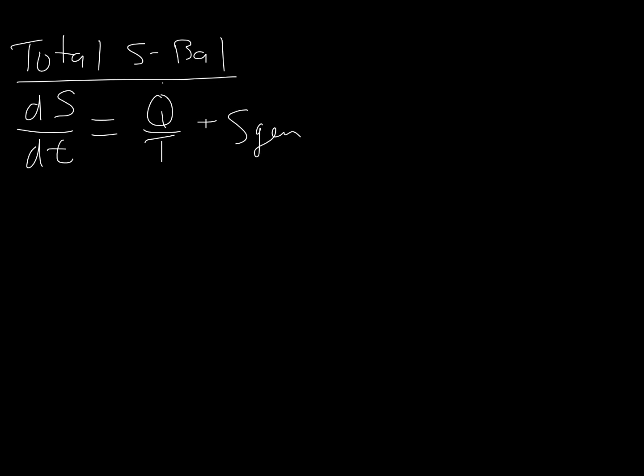Now we've said that the system is completely isolated, so there is no heat transfer in and out of the total system. Everything's contained within. Only stuff is happening between chambers A and B. But entropy is extensive and additive, so we add up the contributions of the total entropy from the subsystems.